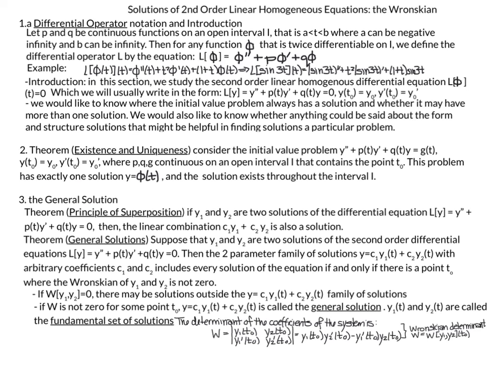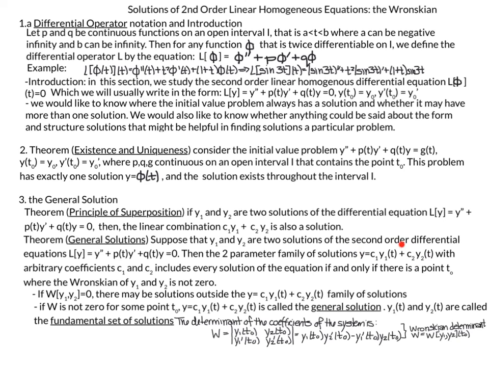We talked about the principle of superposition. That is, if you have two solutions to a differential equation, then any linear combination of those two solutions is also a solution. They might even be the general solution, and if they are, that means every solution of this second order linear differential equation is of this form.